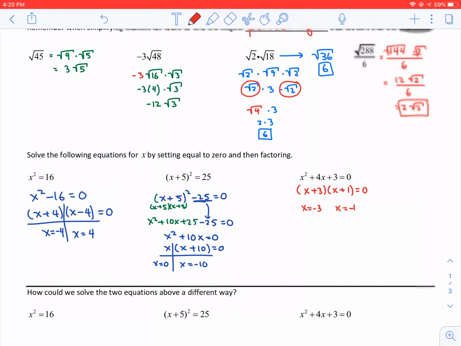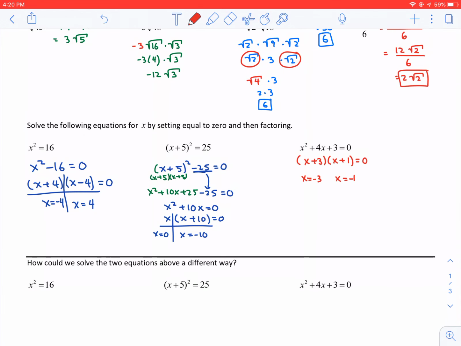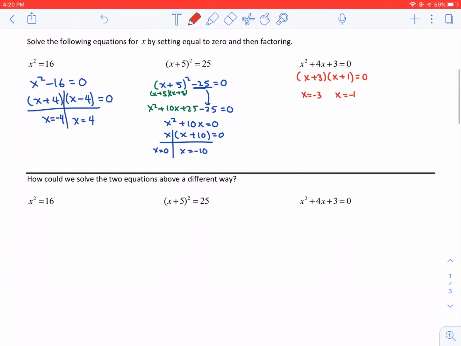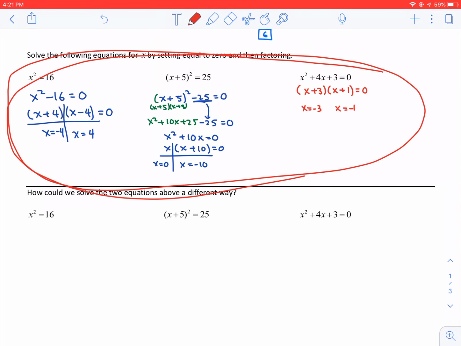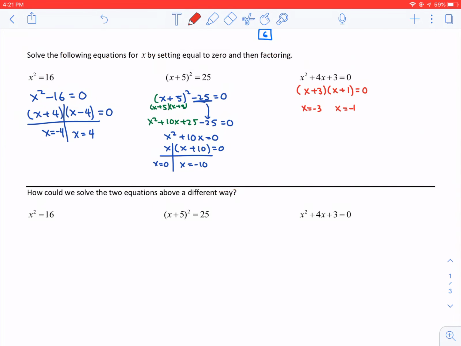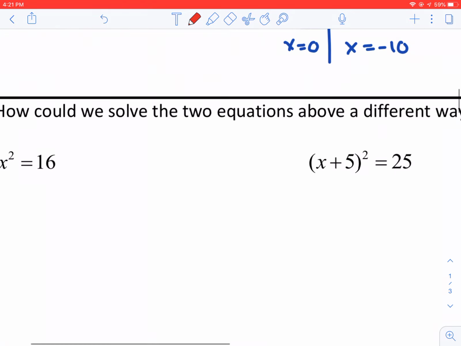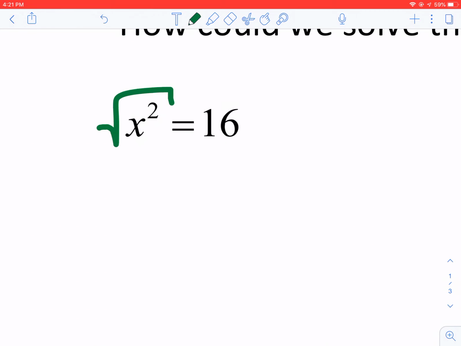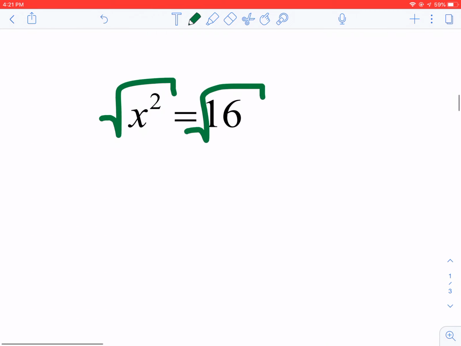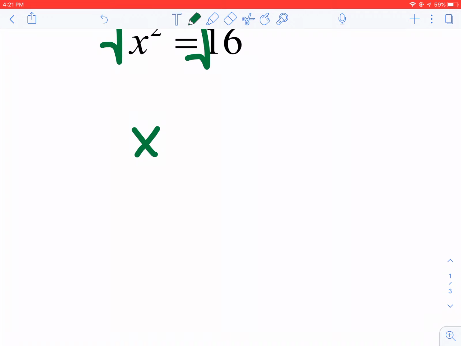Alright, so quick bit of review there, but for these equations we just solved, could we solve them a different way? So you actually probably already know there's a way to solve these problems. It's probably your first instinct. When you're squaring something, the opposite of squaring something is square rooting it. So we can square root both sides, and then we should get x equals 4.